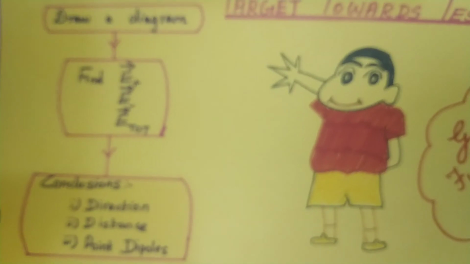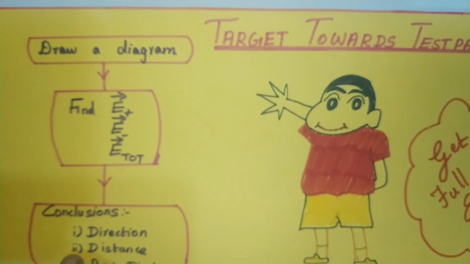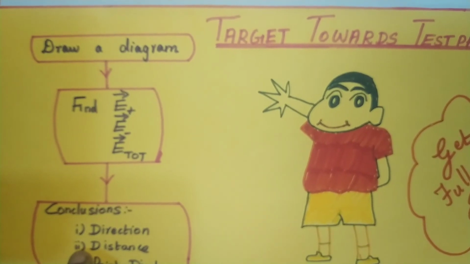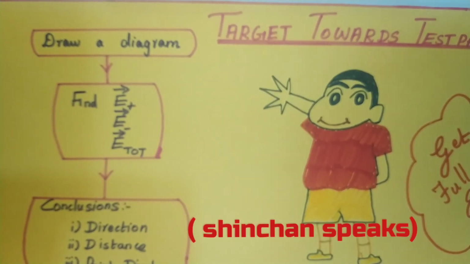Okay students, now we move on to the target towards test paper session. In this session, our famous cartoon Ching Chan wants to talk to you. Ching Chan wants to give you some ideas to get full marks. Okay, now let's see. Hi friends, first you draw a beautiful diagram.